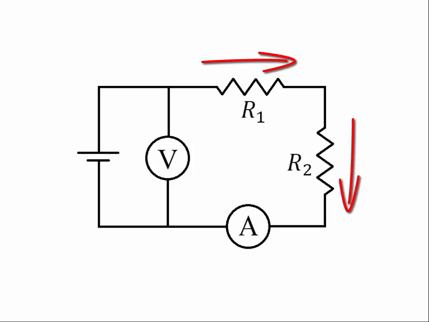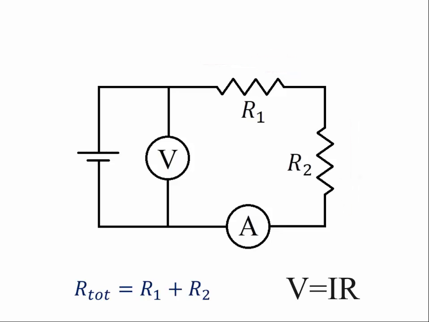So here you're measuring the voltage across both resistors and the current through both of them. Now, the resistance of 2 resistors in series with each other is just the sum of the 2 resistances. So if you had the voltmeter and ammeter set up like this, the current and voltage should relate to the total resistance, which would be the sum of the 2 resistances.